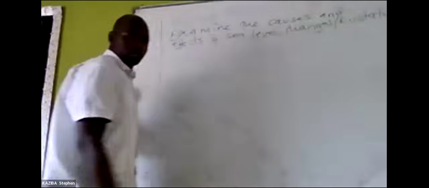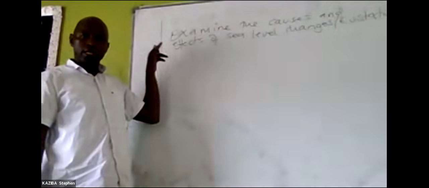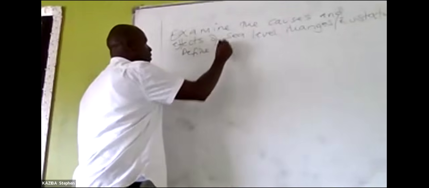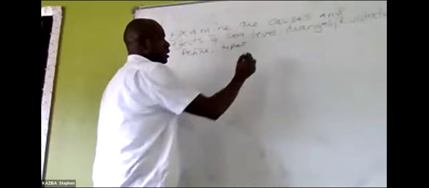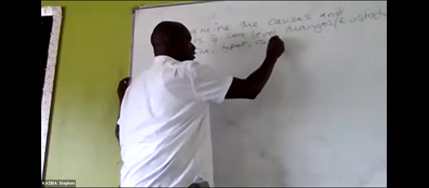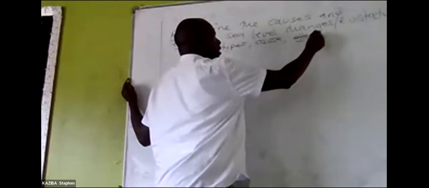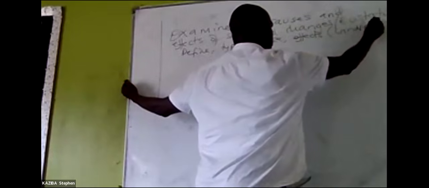So the question requires you to define sea level changes. You give us the types, so you define, you talk about the types. Then after the types, you give us the causes. Then you give us the effects. Now the effects are the landforms. The effects are the landforms.